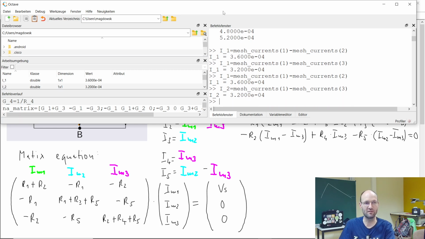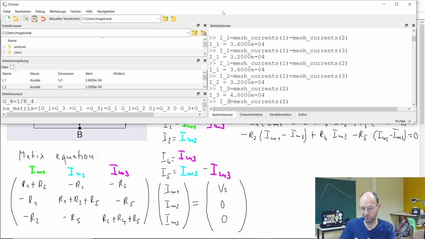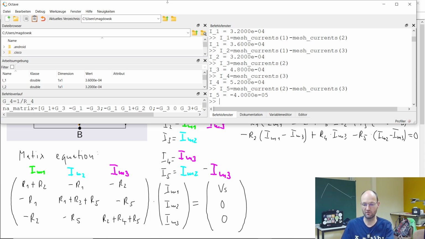And because we have some volt and we have some kilo ohms, we get some currents in milliampere. So the third one would be just the second mesh current. The fourth one would just be the third mesh current, and the fifth one is IM2 minus IM3. So now we have an overview of all the 5 branch currents here.